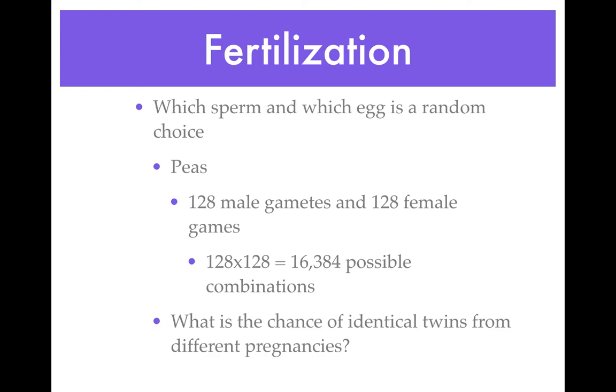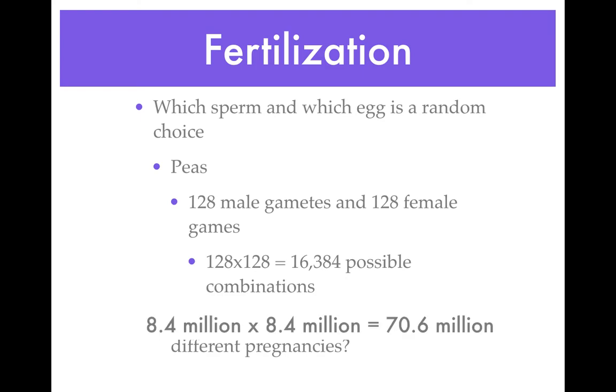So think about it this way. What is the chance of identical twins occurring from two different pregnancies with the same parents? That would be 8.4 million, rounded off, times 8.4 million, which is 70.6 million. So 1 in 70.6 million could be an identical match to another.